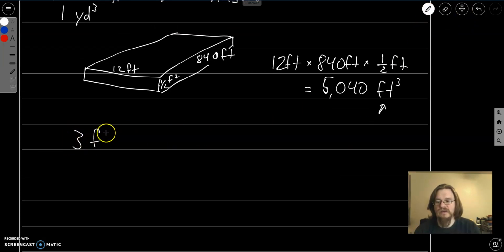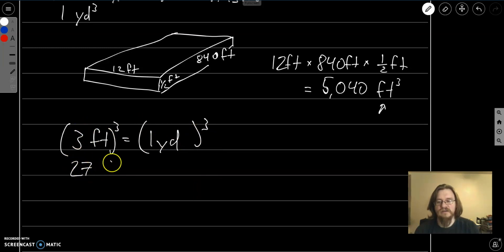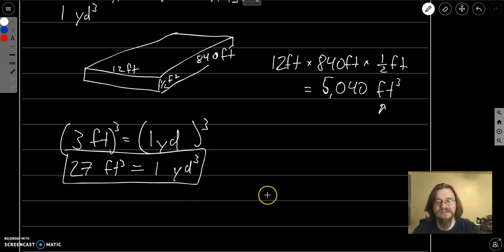We know that 3 feet is going to be 1 yard, and I need to cube everything. I need to raise everything to the third power. So if I raise both sides to the third power, 3 times 3 times 3 is 27 feet cubed, equal to 1 times 1 times 1, which is 1 yard cubed. So here's my conversion factor. 1 yard cubed is going to be 27 feet cubed.